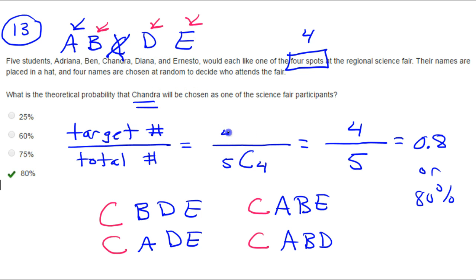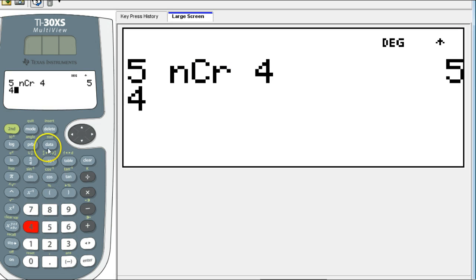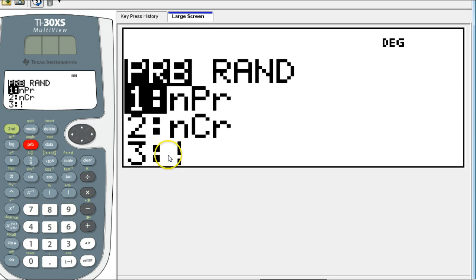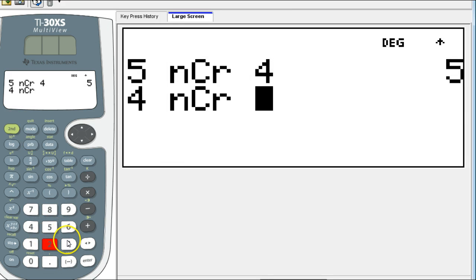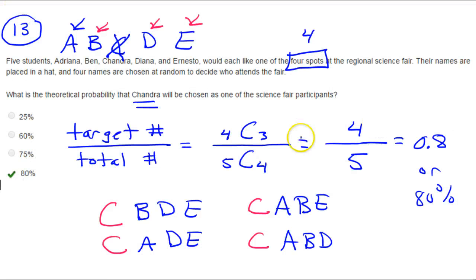So you could have looked at this as a 4 choose 3 situation once you take Chandra out of it. So if you did that for combination 3, then there's your 4. That's another way you could have gotten the 4.